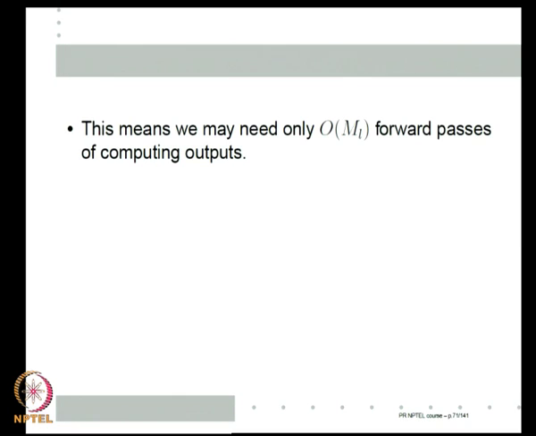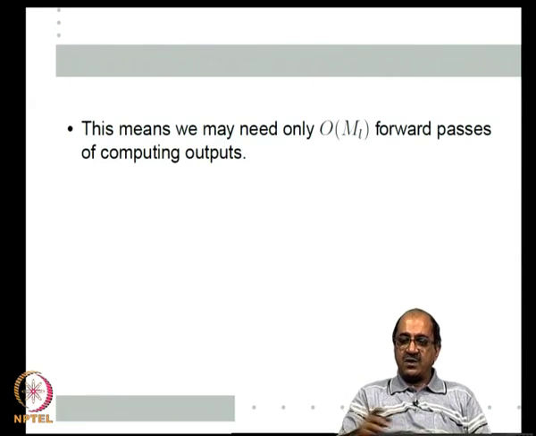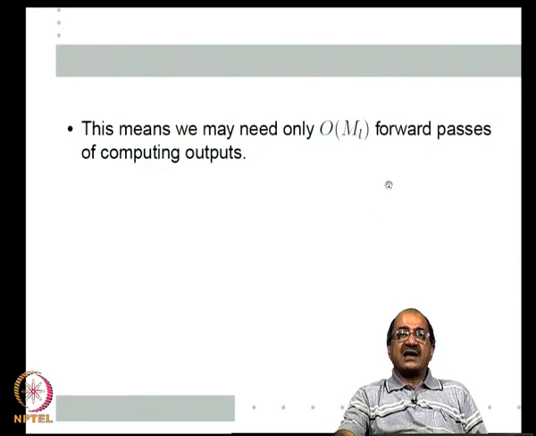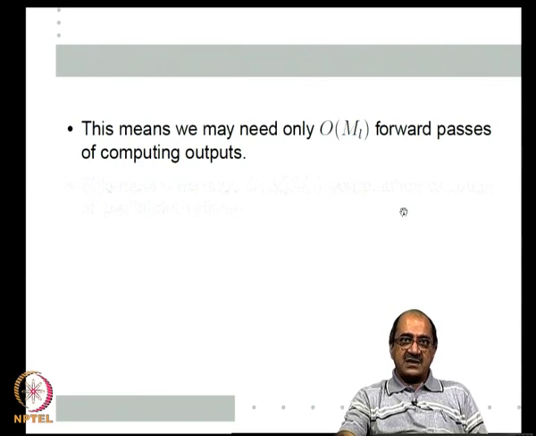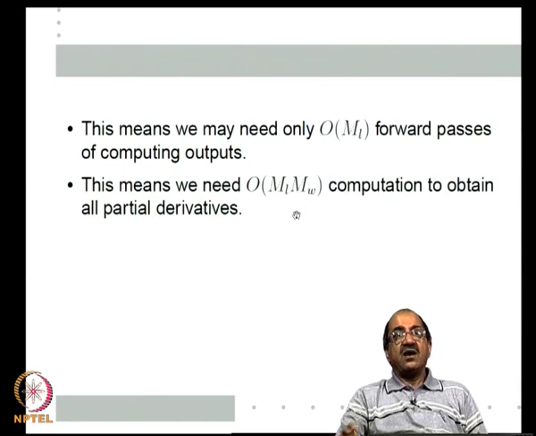I perturb only that particular net input, keeping all others constant, and find the output, so that I can get the partial with respect to that net input. So, ultimately I need to calculate the output of the network ML times. So, I need order ML forward passes. Each forward pass has order MW computations. So, I need order ML times MW computation.